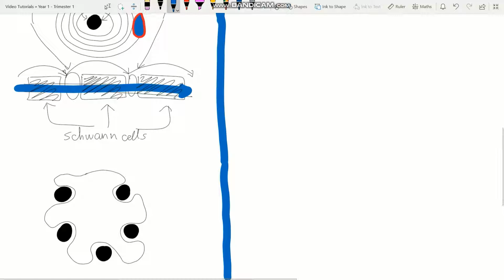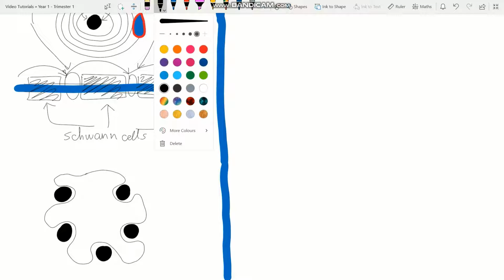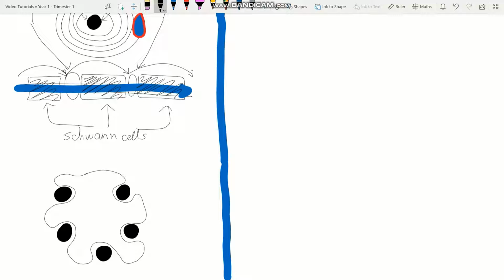Essentially, it is able to wrap around, in this case, 5 axons at once, and this single Schwann cell is able to allow for their protection. However, these Schwann cells are only referred to as unmyelinated.